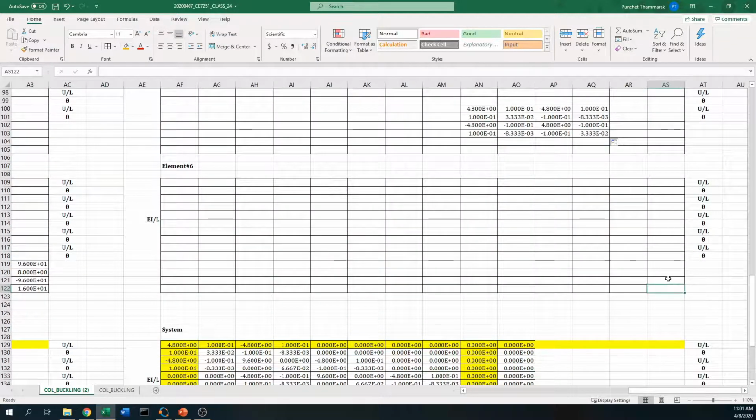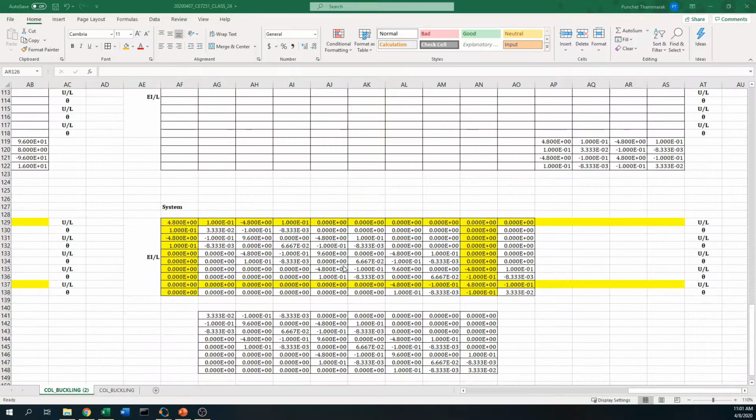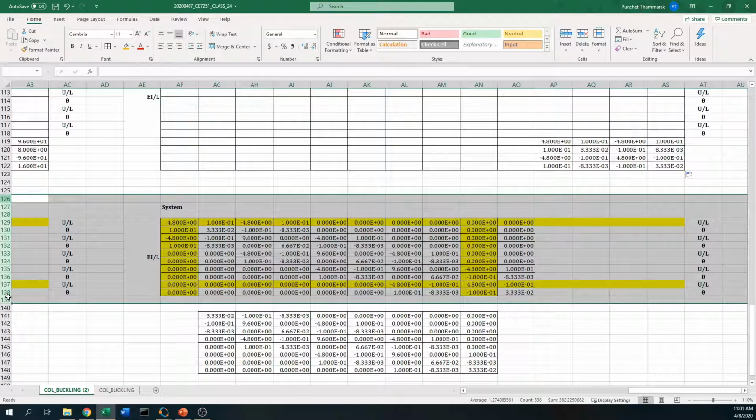Okay, so 1, 2, 3, 4, and that is equal to this. I'll just go ahead. I don't know if it is working or not right now. I am tired of it.